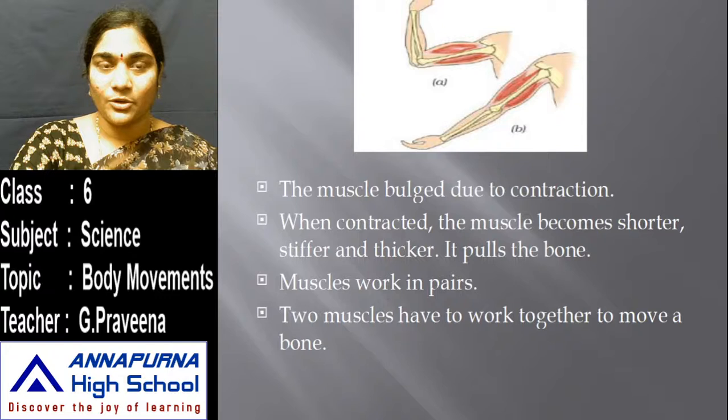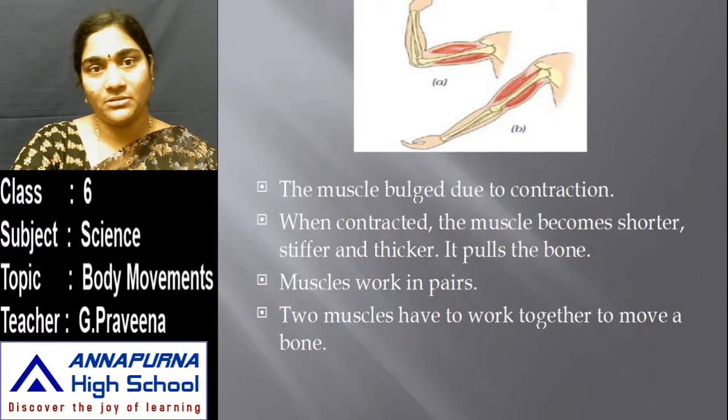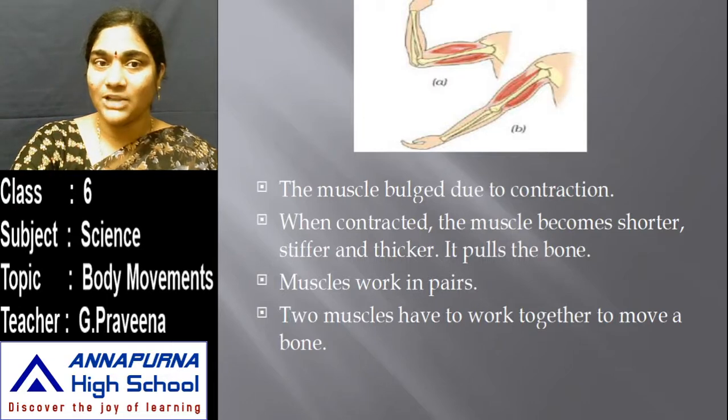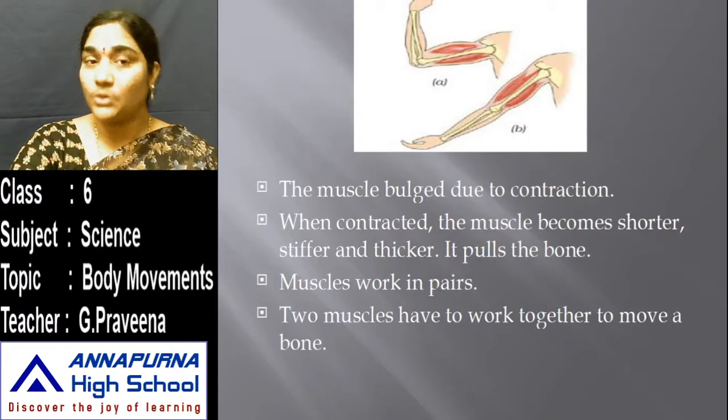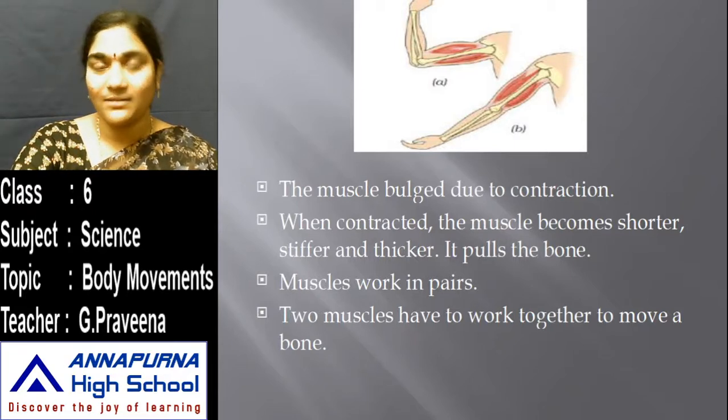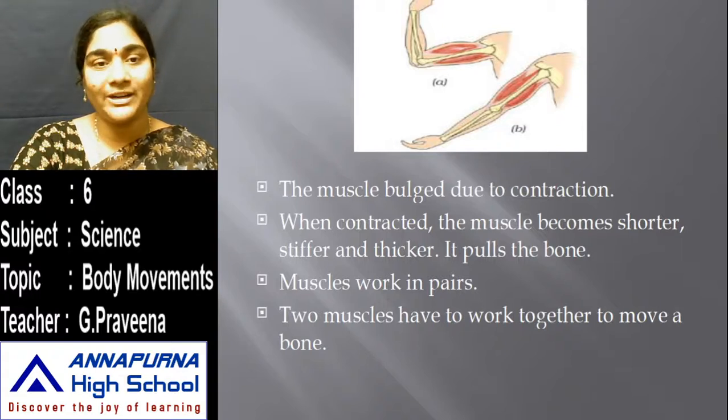Now, when you free your arm or bring it back to its normal position, the muscle which had relaxed now gets contracted and pulls the arm towards the normal position. So here two muscles work, where one muscle gets contracted and the other gets relaxed. The movement is possible where the muscle is getting contracted. So it is with the help of these muscles which are joined to the bones that movement is possible.